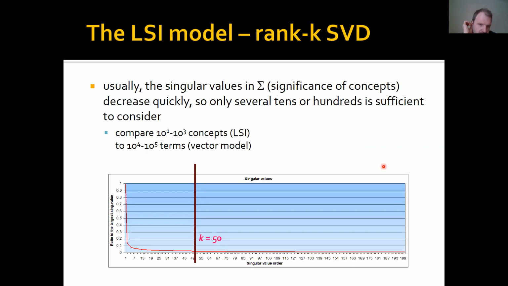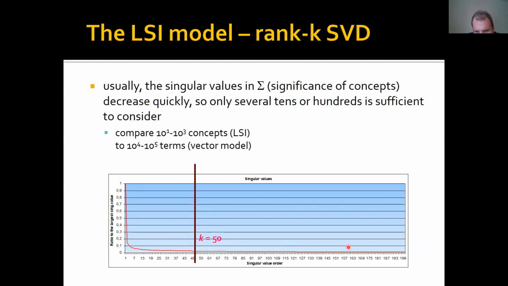Okay, what we get is some distribution of singular values in the matrix sigma, and we can observe that the singular values, like eigenvalues, really quickly drop. This is normalized, right? This is not 1, but this is normalization, so 1 is higher. And it drops quickly. So first, I don't know, 5 concepts are very dominant to the whole collection, and then all other concepts are not so dominant, right?